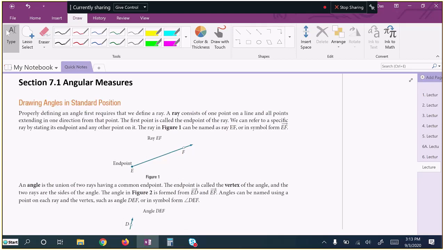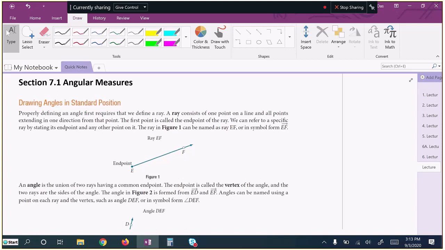So essentially, it is a straight line that has an end on one side, and the other side is extended to infinity. An angle is the union of two rays having a common endpoint.